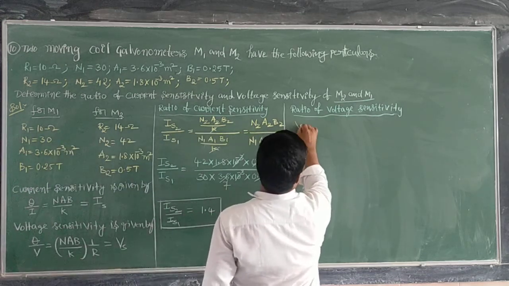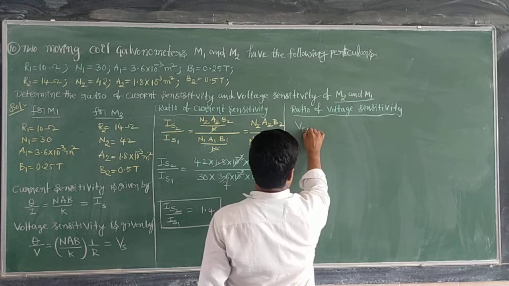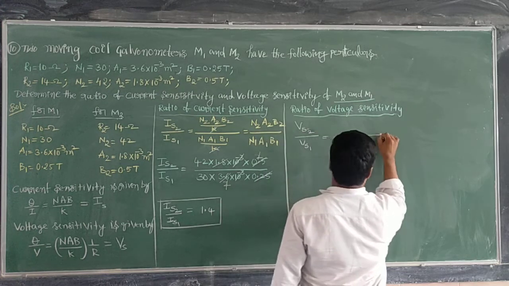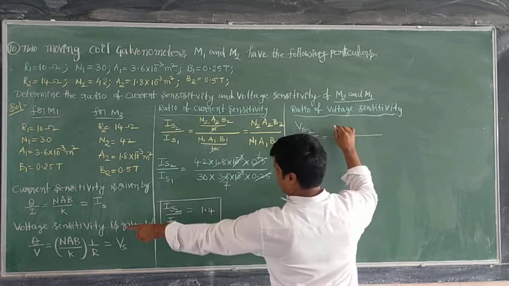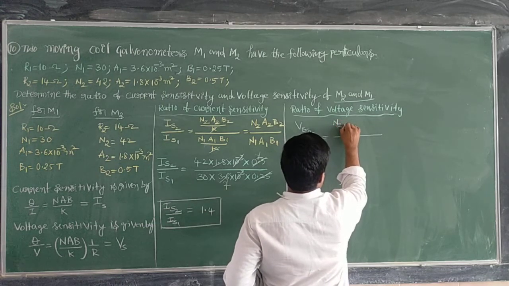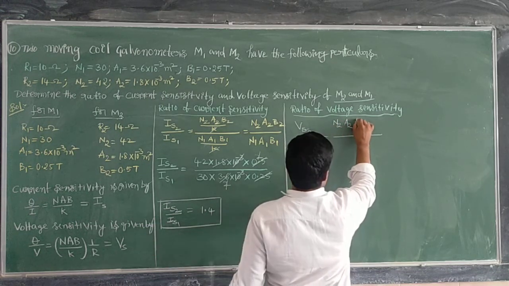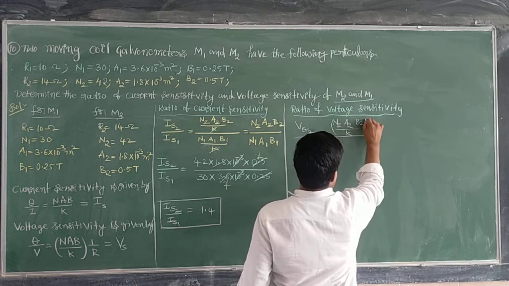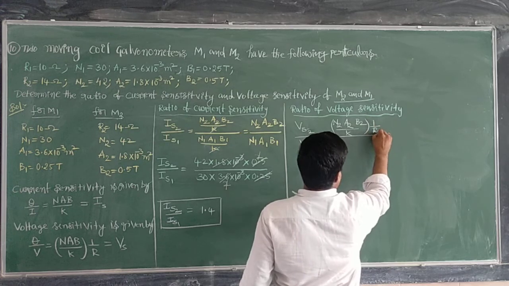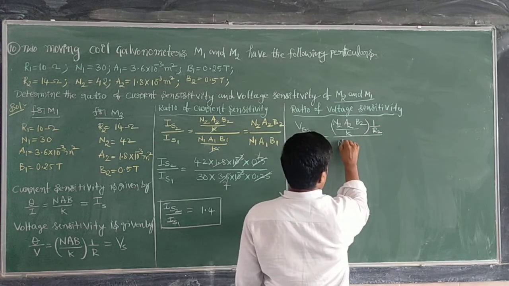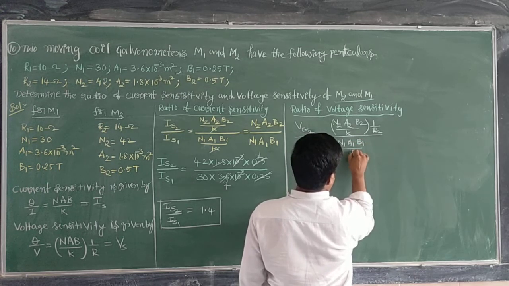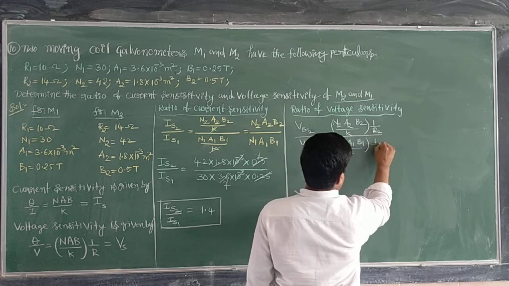In a similar way, voltage sensitivity can be written as VS. Voltage sensitivity of the second coil divided by that of the first coil is equal to N2, A2, B2 divided by K into 1 by R2, over N1, A1, B1 divided by K into 1 by R1.